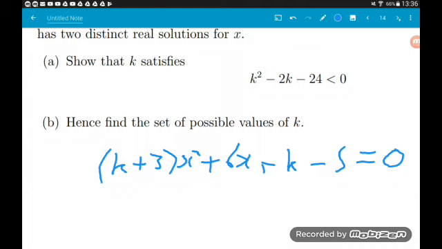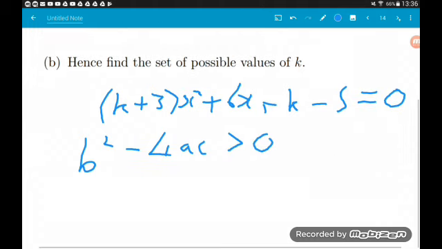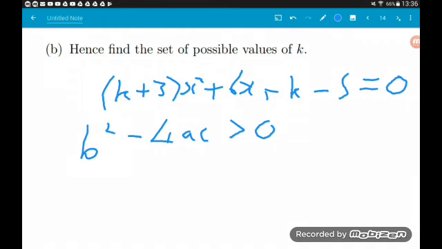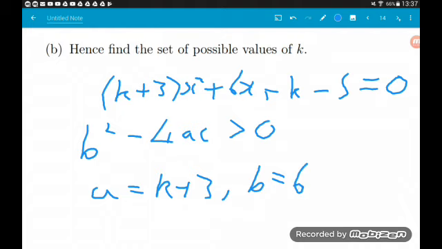That means b squared minus 4ac is greater than 0. Now we also know here then that a is k plus 3, b is 6, and c is k minus 5.